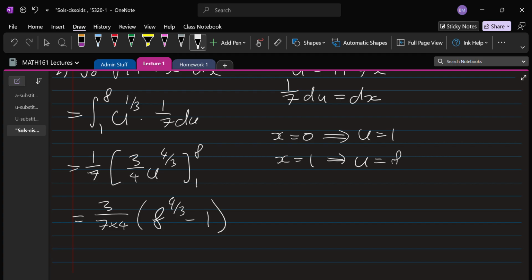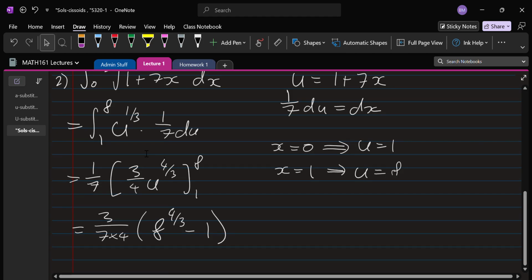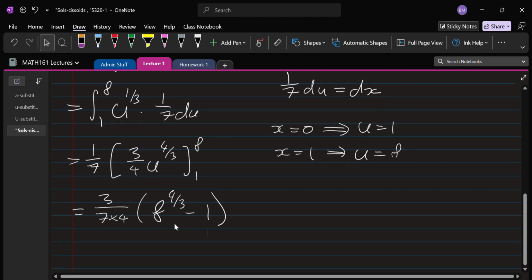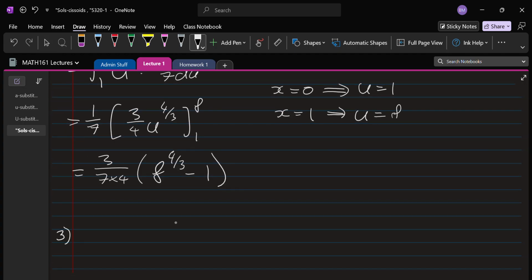Simplify that if you want. 8 to the 4 over 3 minus, if you put in 1, it's just going to be 1. Again, simplify if you want. I'm not interested in how you use the calculator. I'm interested in the working on the side here and your integration. The fact that you can use a calculator to simplify, I'm not interested in that.